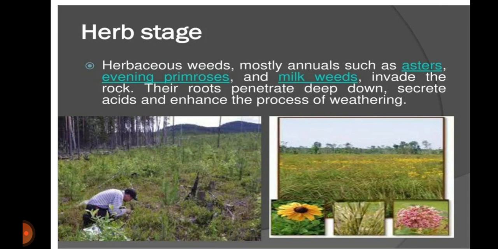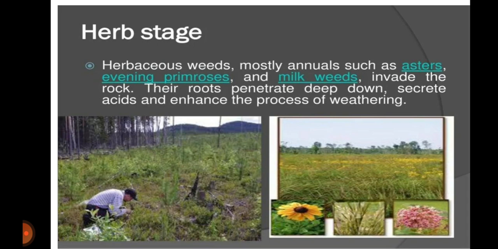Due to their growth and death, there is much more accumulation of humus in the soil together with further weathering of rocks. Thus, the habitat changes with decreasing xeric conditions. Some xerophytic rooted grasses grow in the herb stage, such as Aristida, Festuca and Poa. These species begin to grow in the habitat.